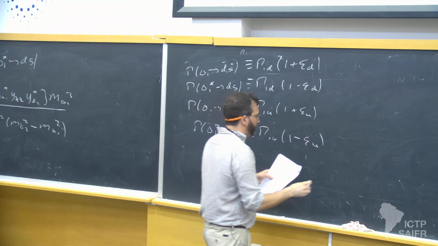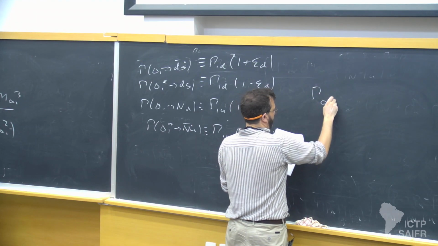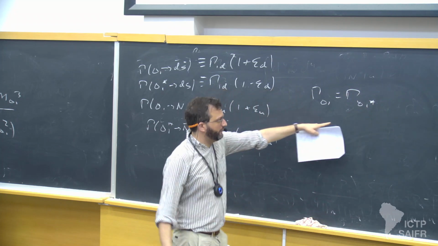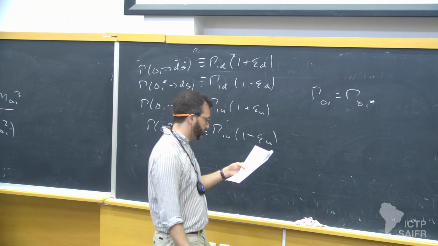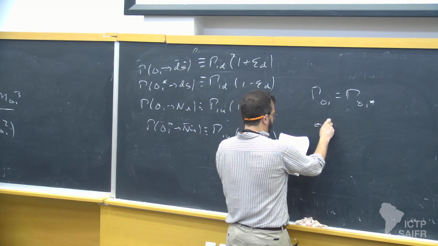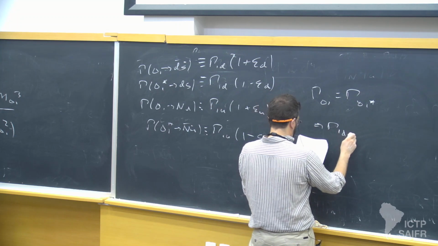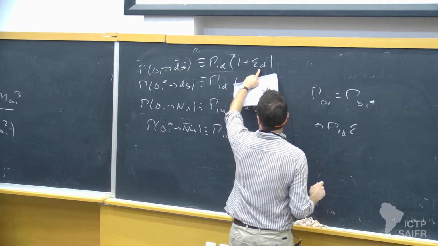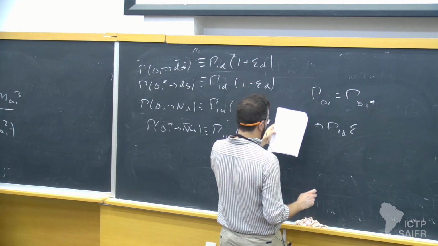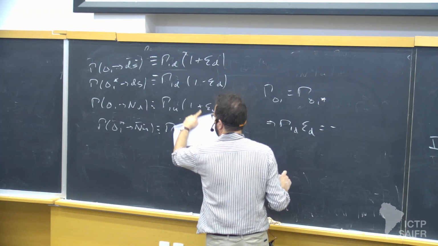Okay, now use the fact that by CPT, the total decay widths have to be equal, of the delta 1 and its antiparticle, delta 1 star. And then you should find that gamma 1d, so the partial width times this parameter parameterizing the CP violation, is related to the CP violation in this decay channel, yeah?